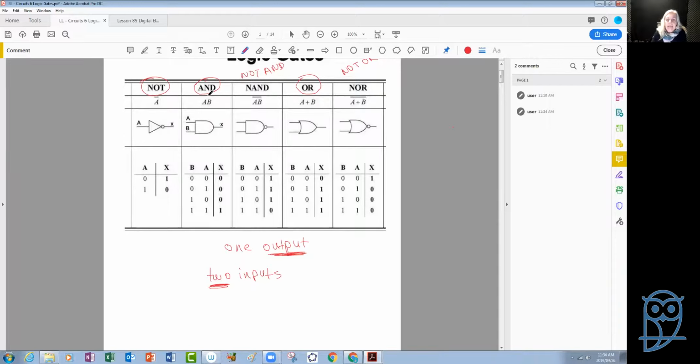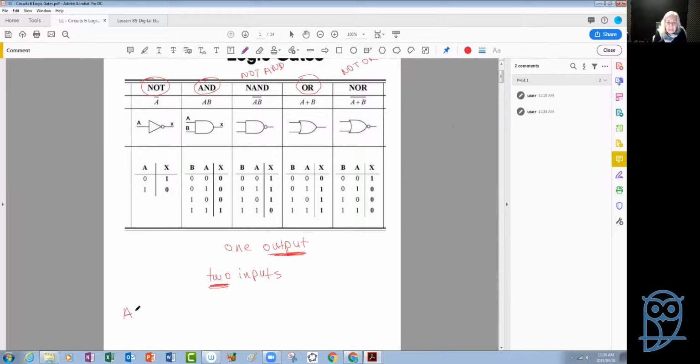Let's start from the AND gate. The AND gate means that both the inputs must be a high signal, like a logic 1, for the output to be also 1.